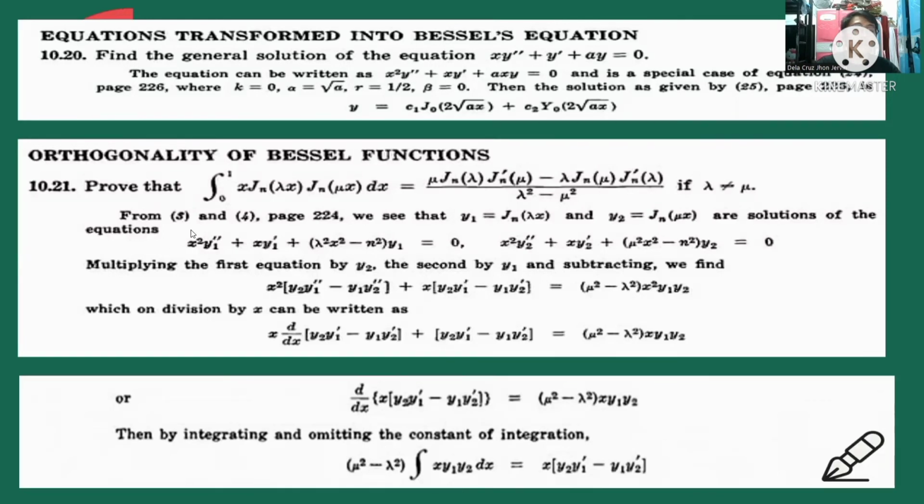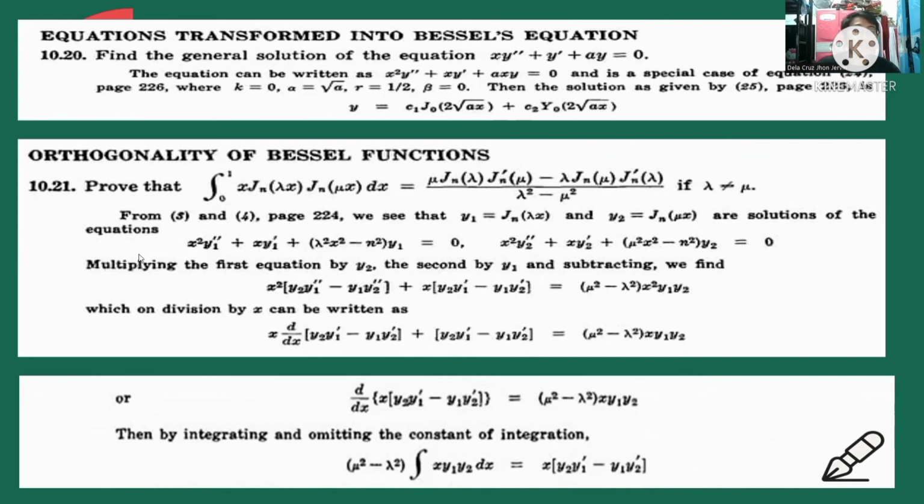Sa page 224, makikita natin yung y sub 1 equals j sub n quantity ng lambda x and y sub 2 equals j sub n quantity ng mu x are the solution of the equation.